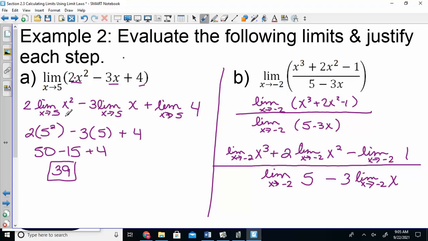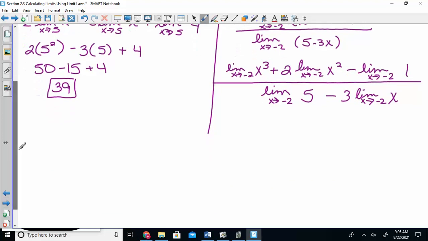So the limit as x approaches -2 of x cubed, what's that turn into? Plus 2. What's the limit as x approaches -2 of x squared? -2 squared. What's the limit as x approaches -2 of 1? Just 1.